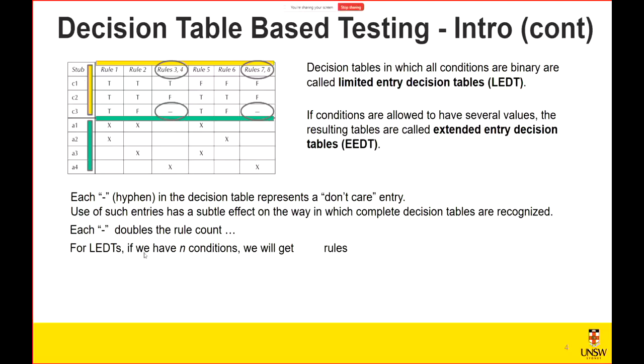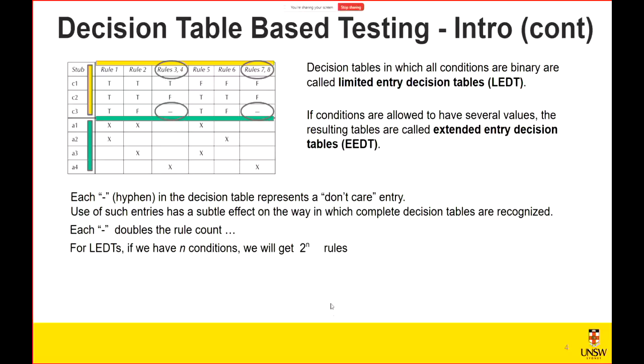And for the limited entry decision tables, each one of the conditions could be either true or false. So assume that we have n conditions. Can you calculate how many rules do we need for the limited entry decision table? How many rules? Yes, 2 to the power of n rules.